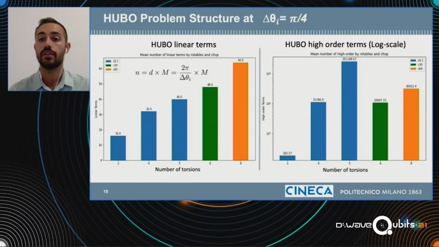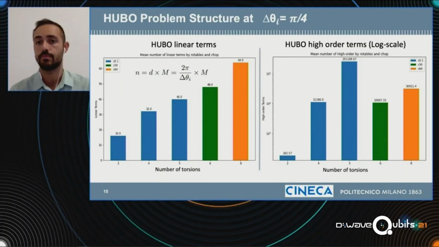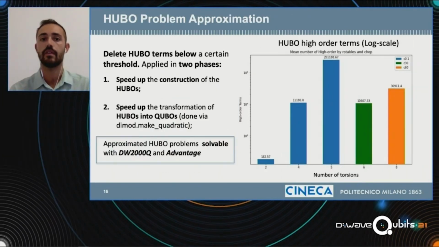For the higher order terms on the right, this is log scale, and the higher terms increase exponentially. That's why we had to introduce an approximation in order to address the problem using a D-Wave.